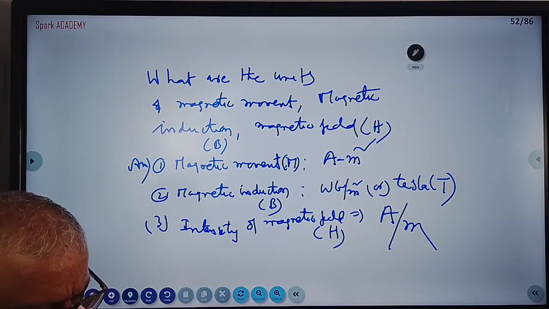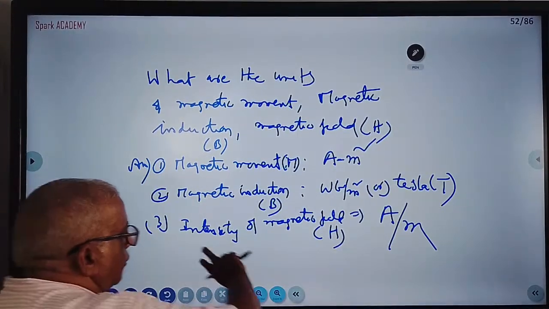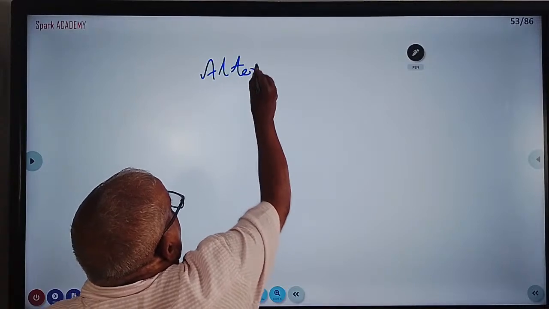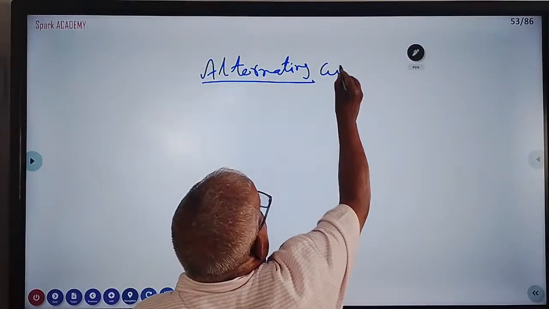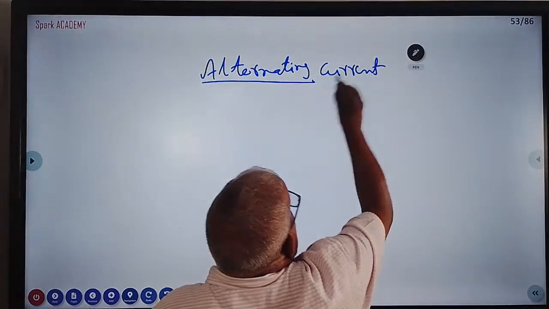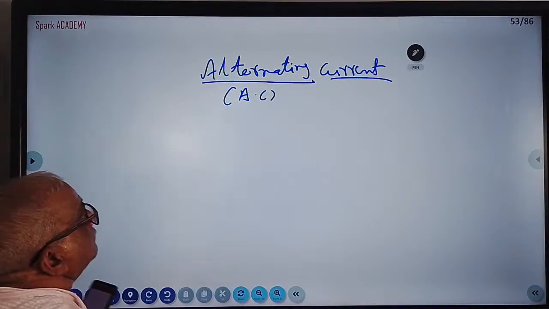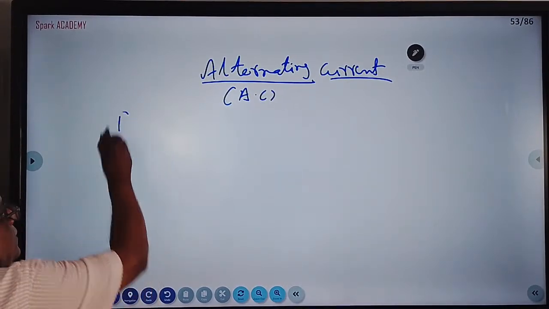Now we are discussing alternating current. You asked for alternating current, AC circuits. In these, problems will be there. One very short question will come in this, I think. So I am giving one problem now.